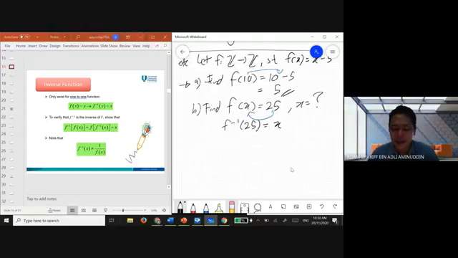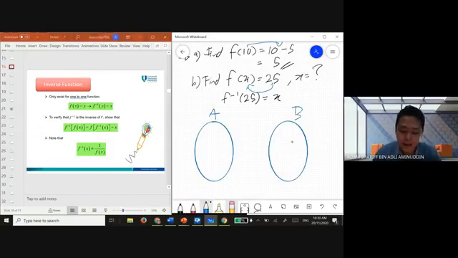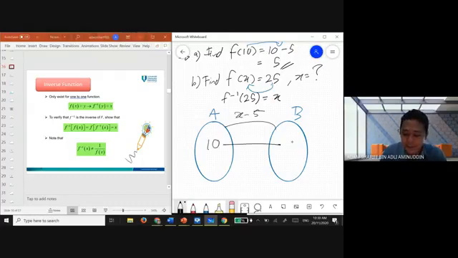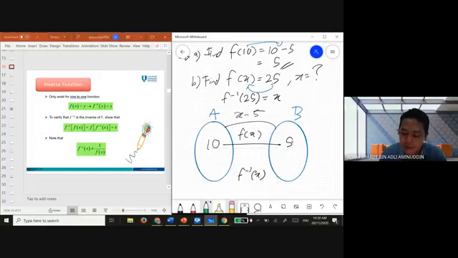So, kalau kita letak dalam diagram, okay, A, B, if I assigned this by the concept of x minus 5, if 10 becomes 5 here, for the case of fx, the inverse function is the function that get 5 to 10 back. Saya padam ya.